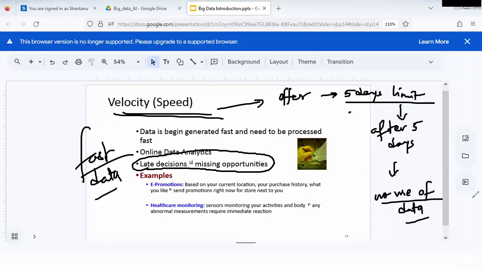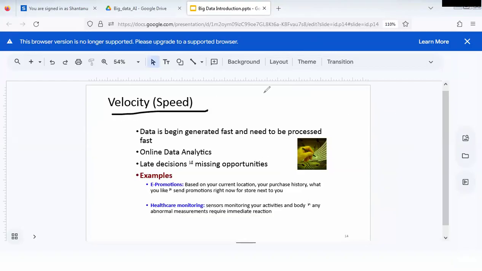So any other example of velocity or speed of data? The main feature you have to think about is that if you become late, then there is no meaning in it. ऐसा डेटा जो देखने के बाद immediately you have to take an action, otherwise you are going to miss. One example we gave is offers. What is another example? जहाँ पे डेटा कंटिन्यूअसली चेंज हो रहा है. Like think about the syllabus.